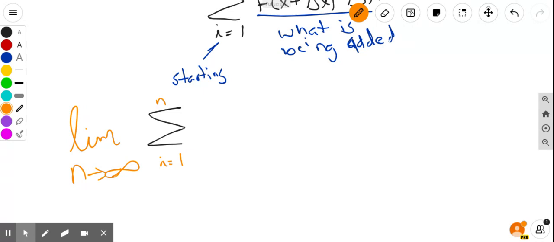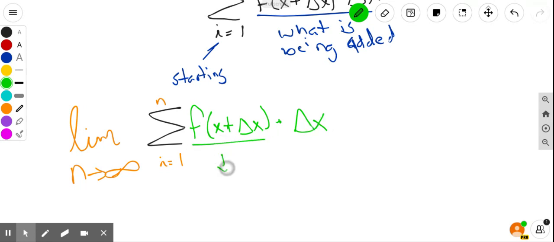I'm going to keep adding up that area, and that area is found by the height based off the input times the length, or times the base, I guess I should say. So this represents the height, and this represents the base.